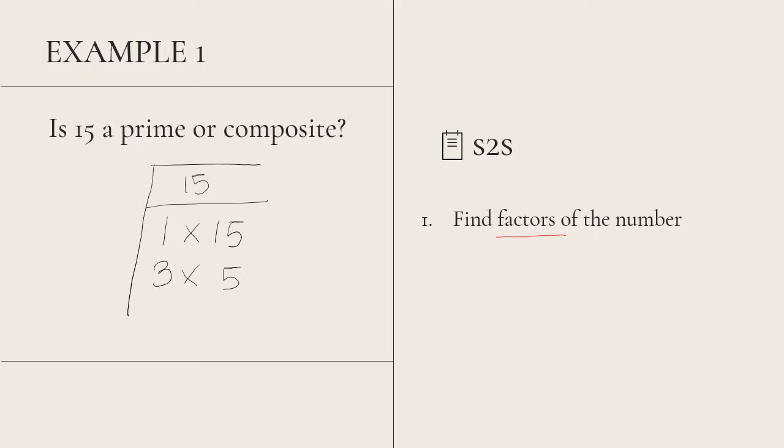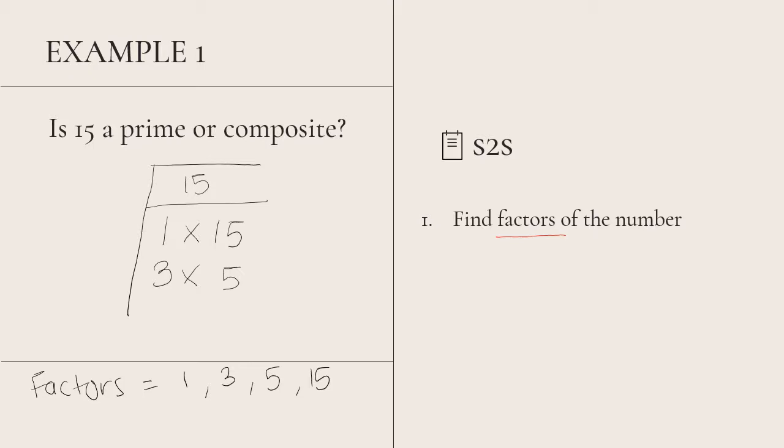Because all I can think of are these four numbers. So factors of 15 are 1, 3, 5, and 15.